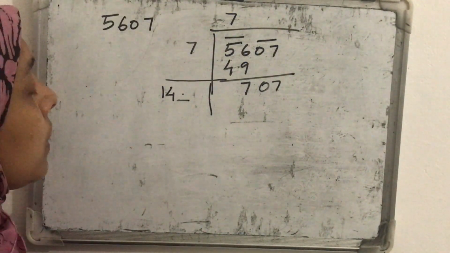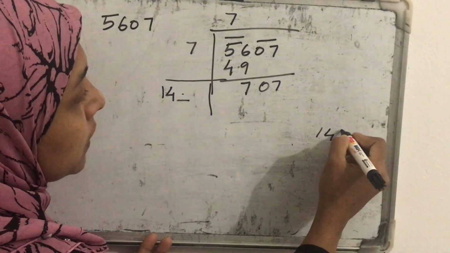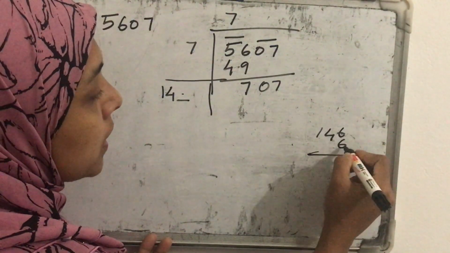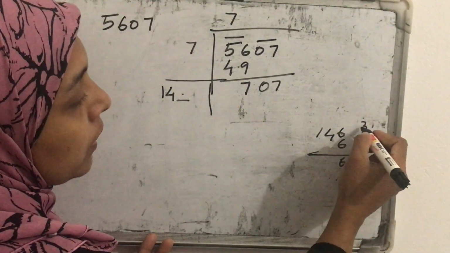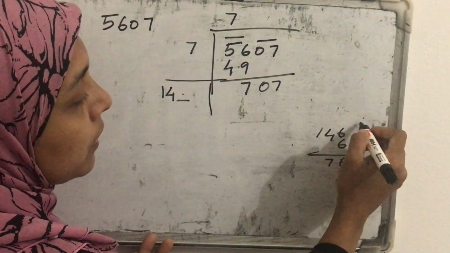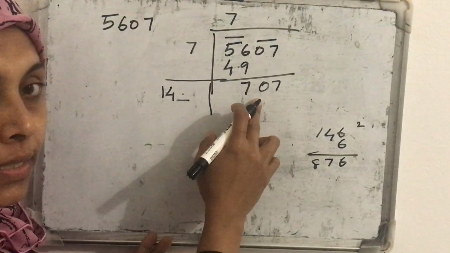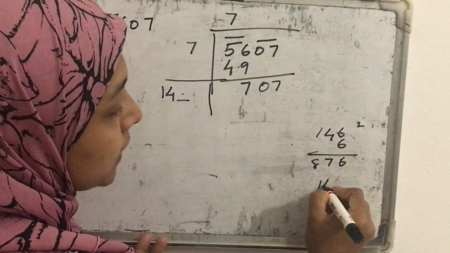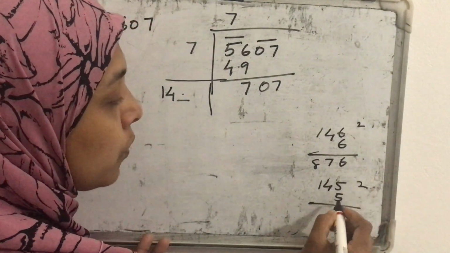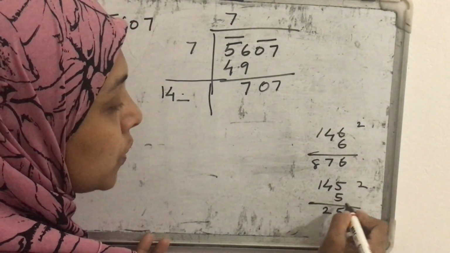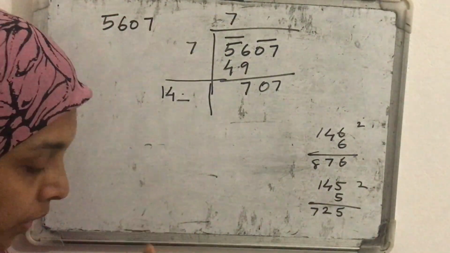If we try 146, 6 into 6, 36, balance 3, 6 into 4, 24 plus 3, 27, 6 into 1, 6 plus 2, 8. That is greater than 707. So we take the next number just below, 5. 5 into 5, 25, balance 2, 5 into 4, 20 plus 2, 22, 1 into 5, 5 plus 2, 7. That is also greater than this.